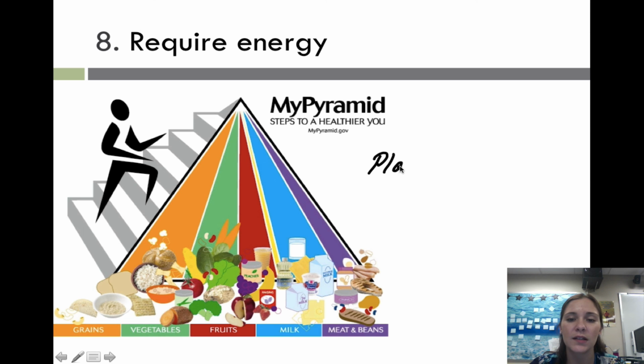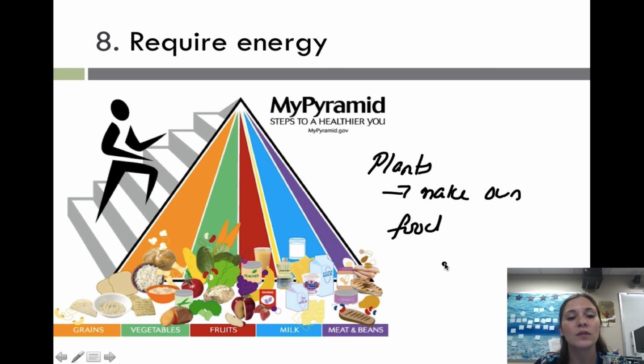Plants can make their own food through photosynthesis, so they're not really considered eating, but other organisms like us, cats, and dogs consume their food. Your body will digest and break the food down and use the molecules your body needs for life in order to provide your cells with energy. So all living things, from a single cell all the way up to complex organisms like us, require energy.